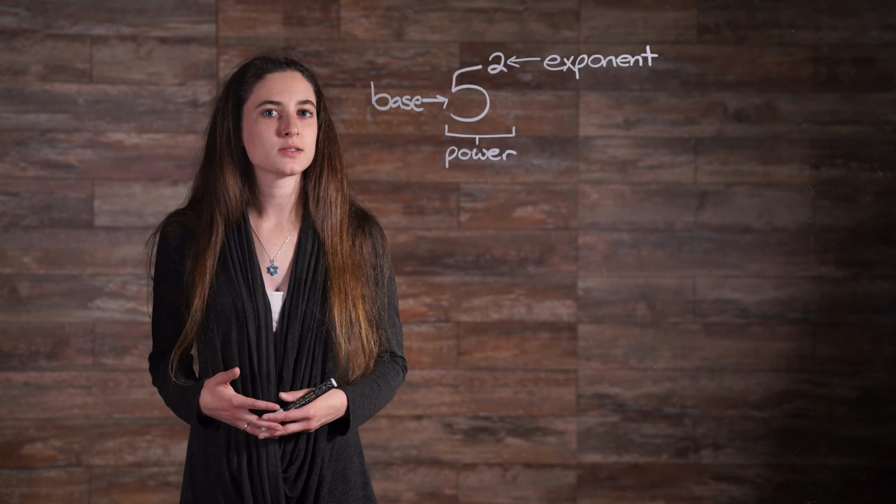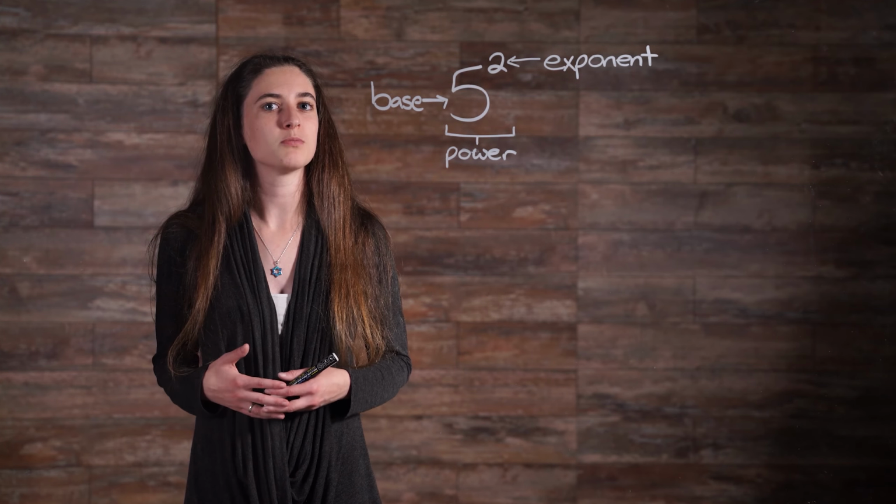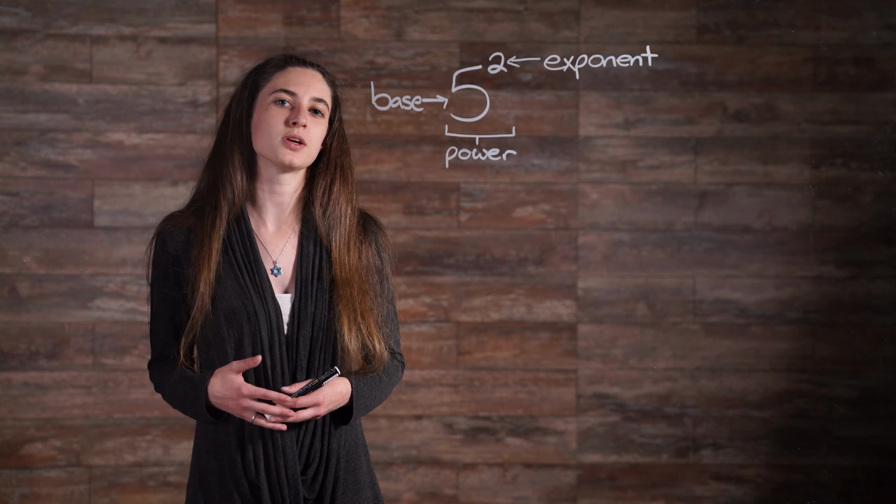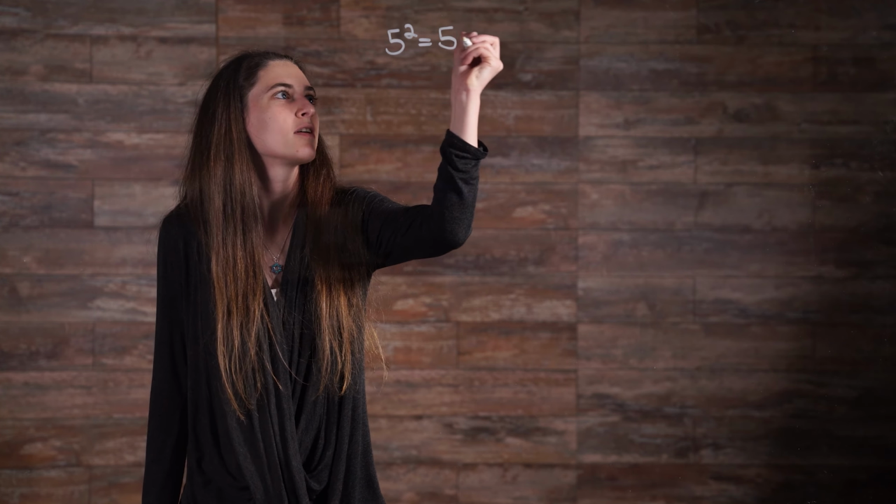In any case, the exponent should be interpreted as repeated multiplication. Whatever is defined as the base should be multiplied by itself however many times the exponent implies. For example, 5 squared equals 5 times 5. This can then easily be evaluated as 25.